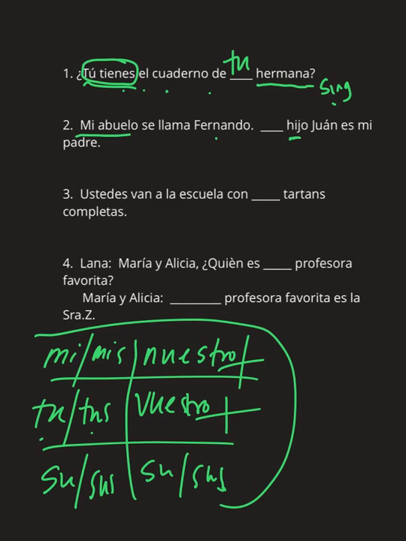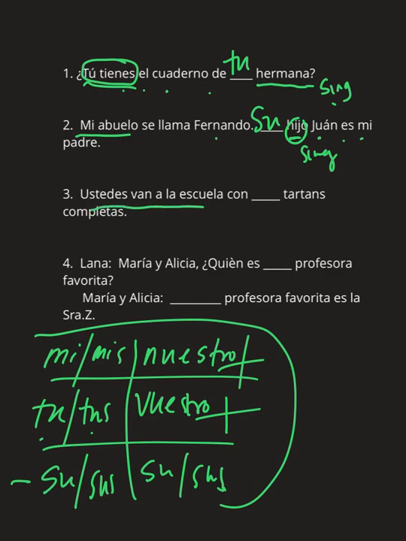Something son, Juan, is my dad. So is it my son Juan is my dad, your son Juan is my dad, his son Juan is my dad? Yep, his son. And then this is singular, so he is box 3, so it's going to be su.